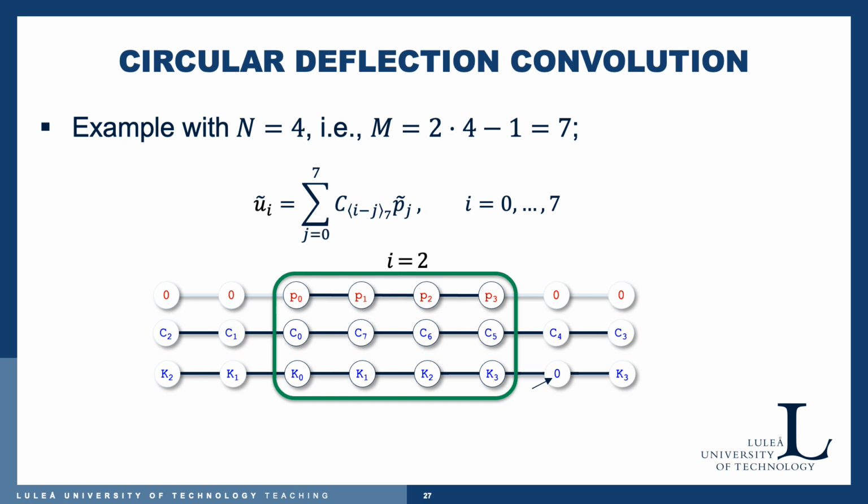And as we continue, you will see what happens. And now, at this stage, if we perform this multiplication, you can clearly see that at this point, the multiplication will be P0 K0, P1 K1, P2 K2, and P3 K3.